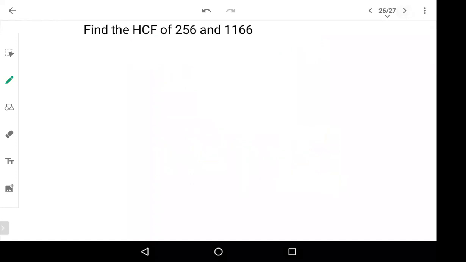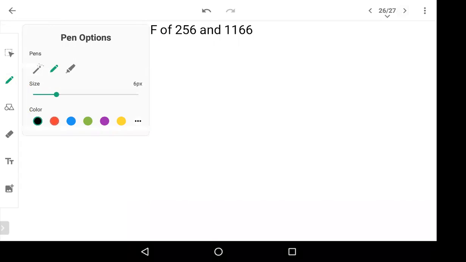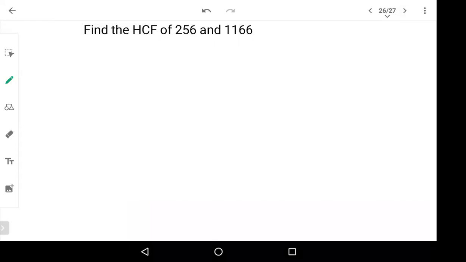Now, find the HCF of 256 and 1166. So these are bigger numbers. Always have a calculator handy with you. Not mobile calculators, but you should have one calculator along with you. Now, the first step is to identify which is the greater number. So 1166 is greater than 256.